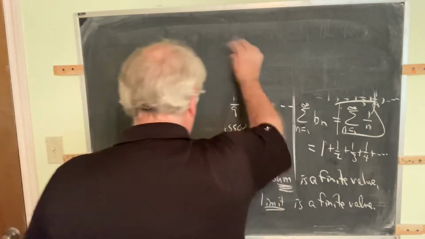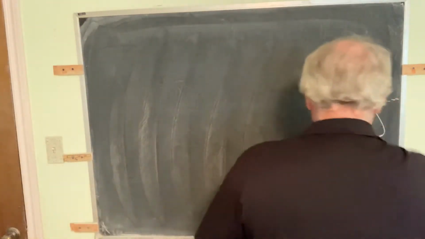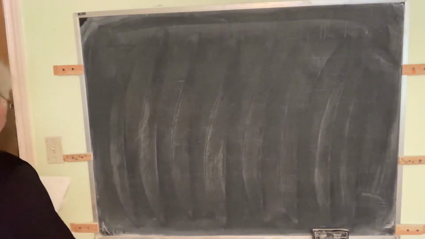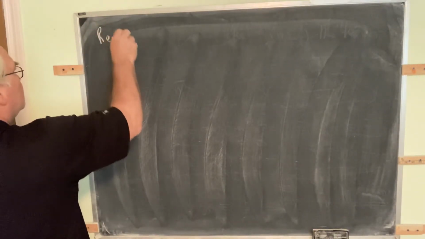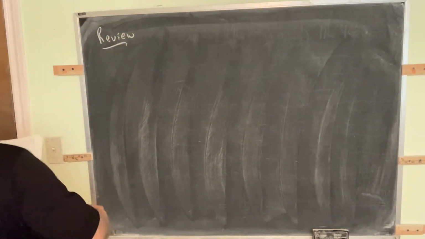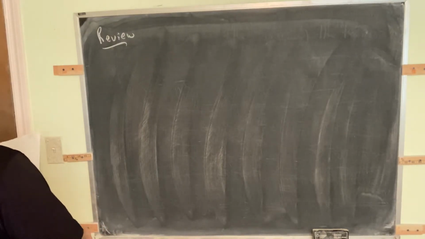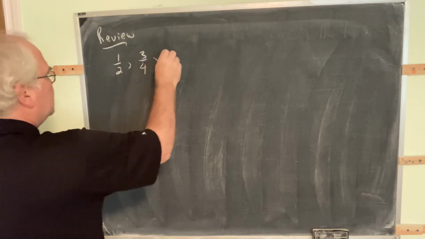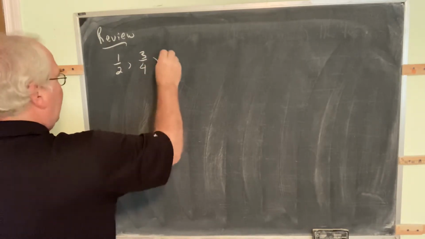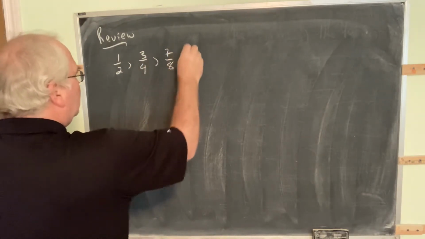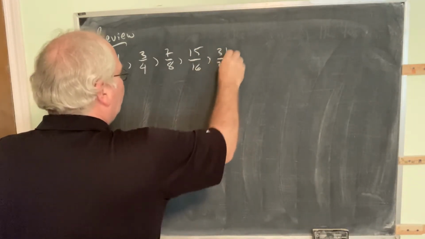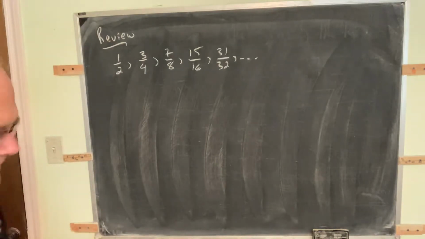Let's go back to an example from our sequence study. Suppose we have the sequence 1/2, 3/4, 7/8, 15/16, 31/32, and so on.